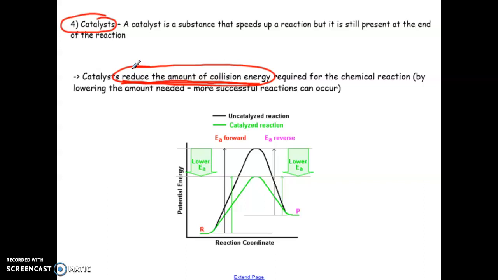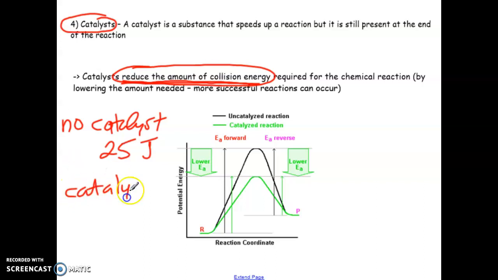Let's say with no catalyst, a reaction needs 25 joules of energy. Obviously I'm just making up this number. A joule is a unit of energy, but I'm just making up the 25. With a catalyst, just to give you an example, maybe now it only requires 20 joules.